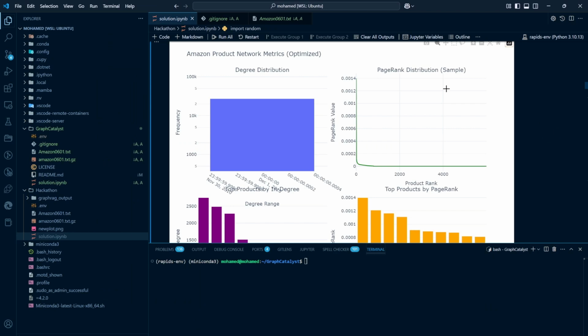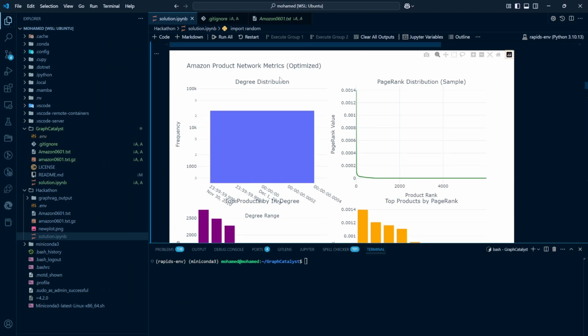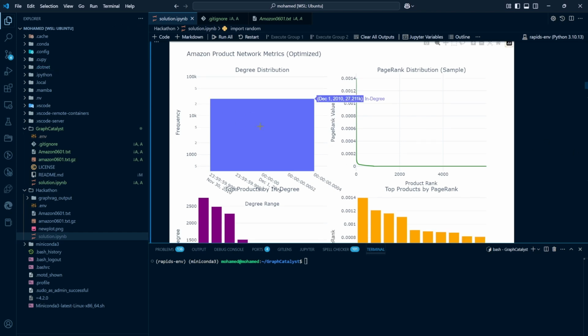So I have some plots that I want to go over. First is the Amazon product network metrics. These charts reveal the network's overall structure. We can see that the degree distribution follows a power law, typical of scale-free networks.